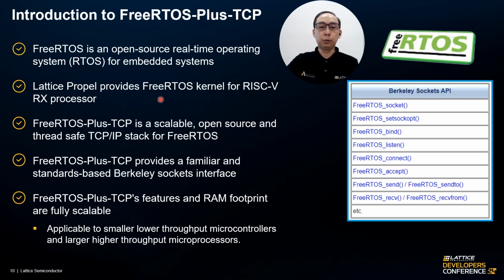Lattice Propel 2 provides a FreeRTOS kernel that can be used on the RISC-V RX processor. FreeRTOS+TCP is a scalable, open source, and thread-safe TCP stack for the FreeRTOS kernel. The stack provides a familiar, standards-based Berkeley sockets interface. The list of APIs is shown in the screenshot here.